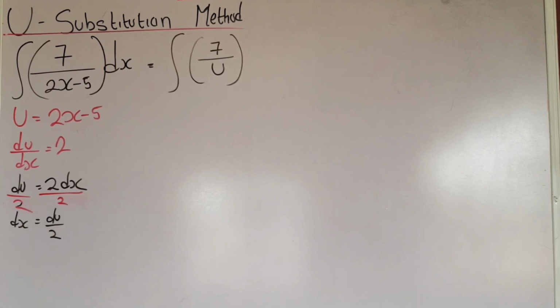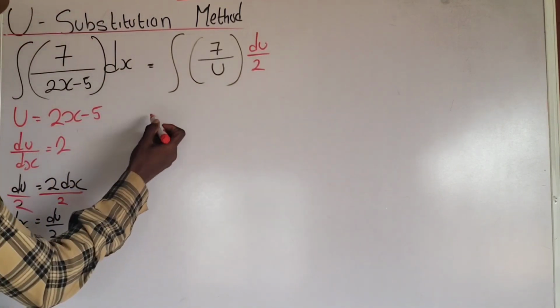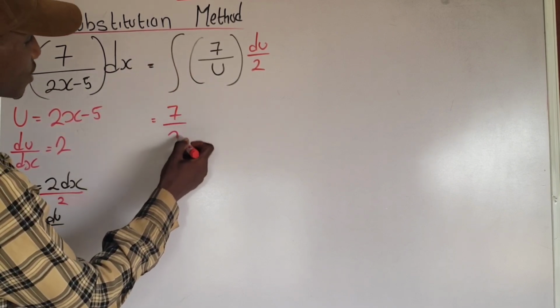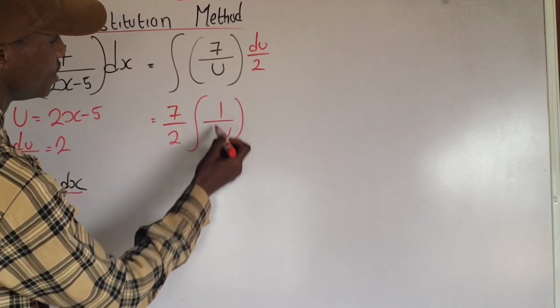Because I've already made dx the subject of the relation, and when I make dx the subject of the relation, dx equals du all over 2. So in that case, I can rewrite this as 7 all over 2 integral of 1 over u du.